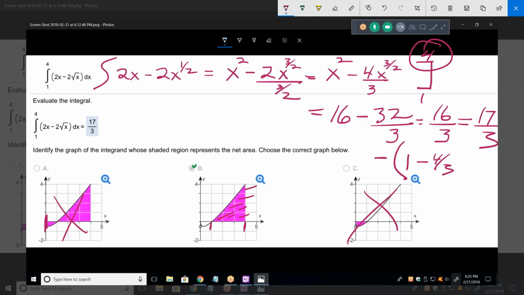All we need to do is have our eyes look left and right to eliminate A and C. B has to be it. It's the only one that goes from 1 to 4. And it's always the area under the curve between the function's curve, the x-axis, and those two numbers, 1 to 4.